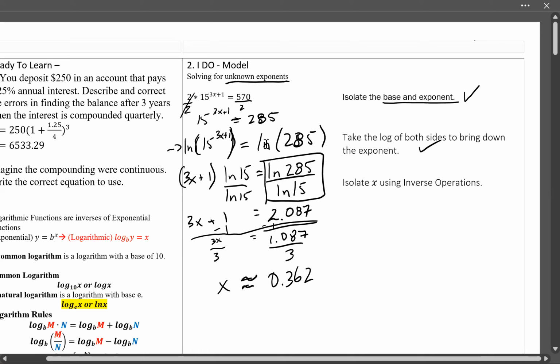The natural log is what we did. The log of this brings down the 3x plus 1 in front, multiplied by the natural log of 15. And then we had to isolate this, so we had to divide both sides by the natural log of 15. We simplified this as a decimal, and then we solved for x. Subtract 1 from both sides, divide by 3, and that gave us our value for x.